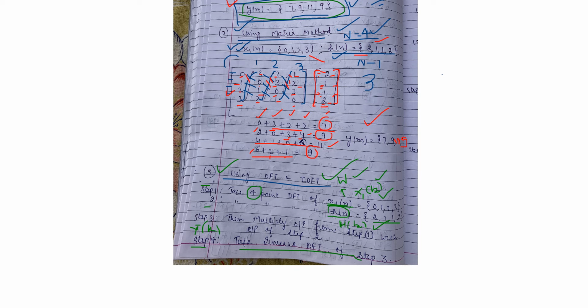Y of k will be equal to x1 of k multiplied by h of k. Then you take the inverse DFT of this y of k, and the inverse DFT will be y of n, and the answer should be equal to 7, 9, 11, 9.